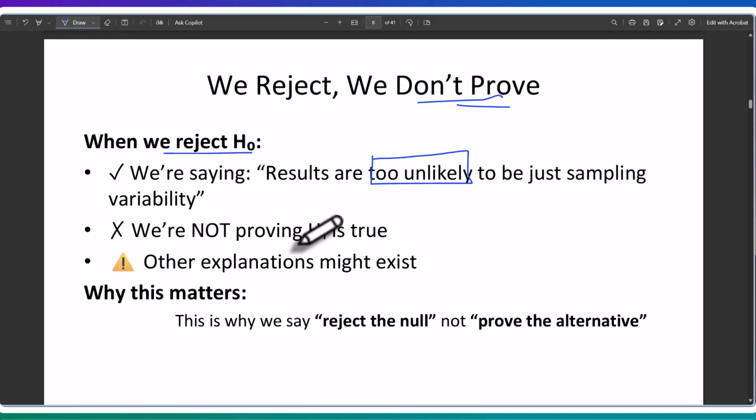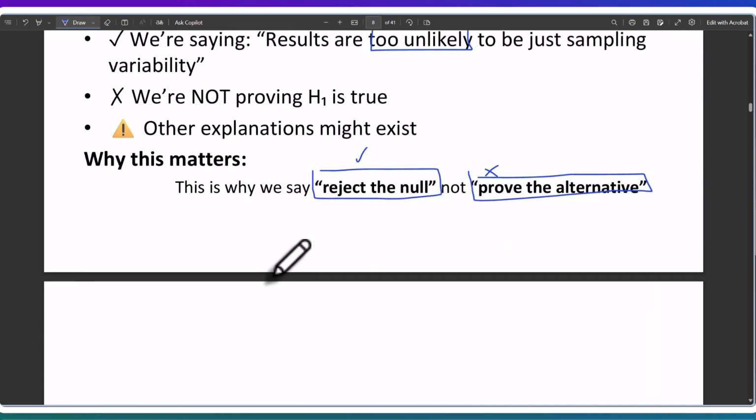So this does not mean that the alternative hypothesis is true. Other explanations, of course, can exist. So this matters because what we say is we reject the null, but we did not actually prove a hypothesis. We did not come to conclusive proof about a hypothesis. We've simply rejected that the results are due to sampling variability.